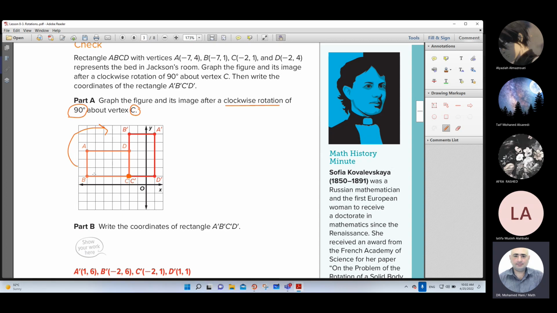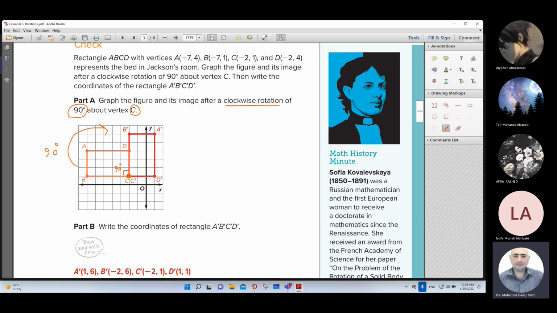We want to rotate this figure about the center C using the angle 90 degrees clockwise, from left to right. So take this side BC, use the protractor, then determine the angle 90 degrees. You will get C prime, B prime.